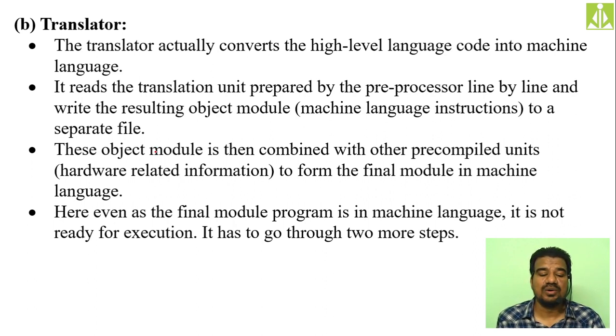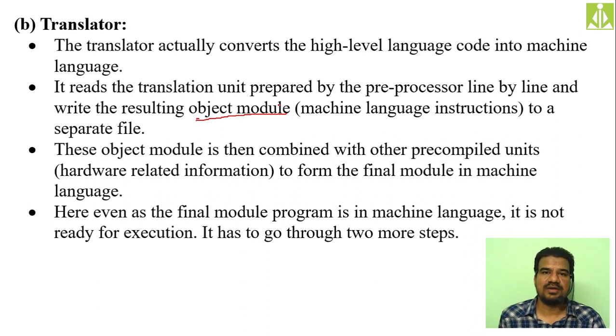So it reads the preprocessor's output, that is nothing but the translation unit. The translator reads the translation unit line by line, and it will prepare the object module. So the output of the translator is the object module. Remember this. First, the output of the text editor is the source code.